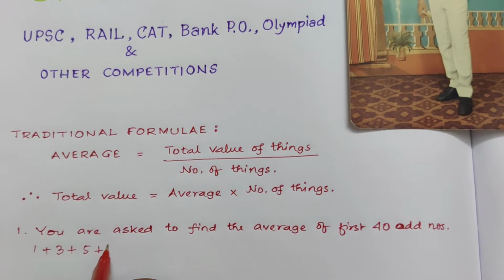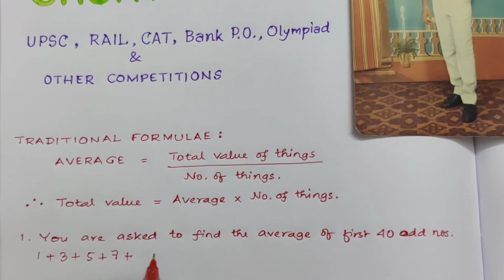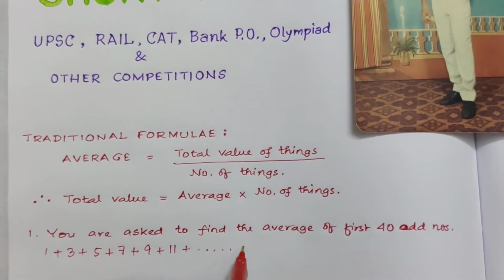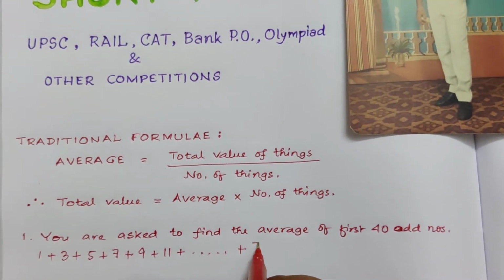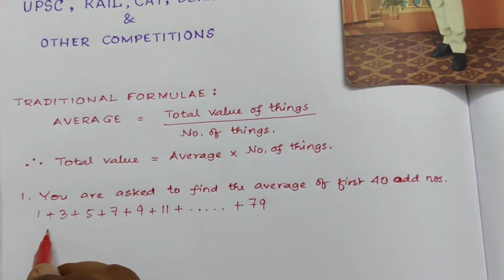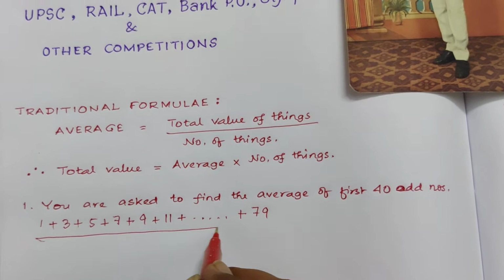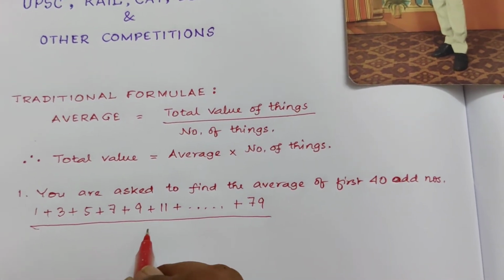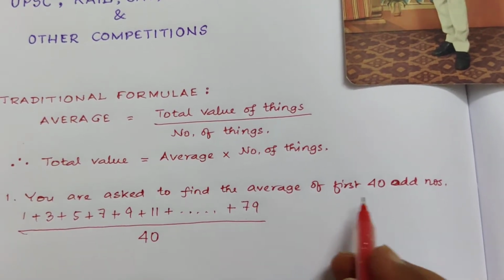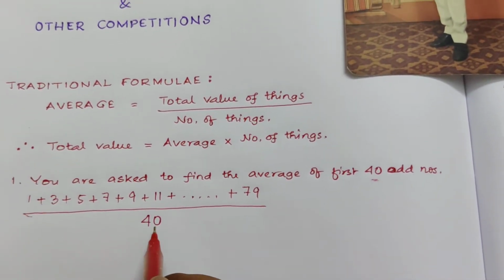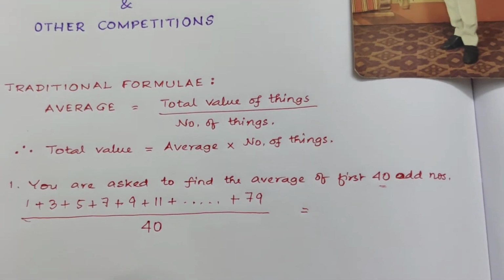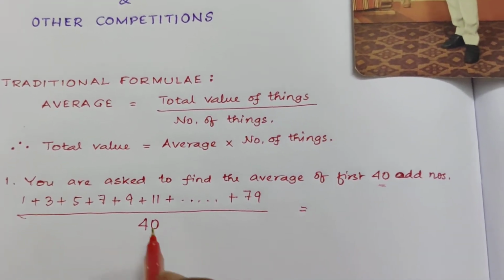We will add all of these, and in the end we will come to the last, the 40th odd number, that is 79. After adding, it will be a very lengthy process. Remember, after adding all of them, we have to divide by 40. Means if the number of things is 40, we have to divide by 40.